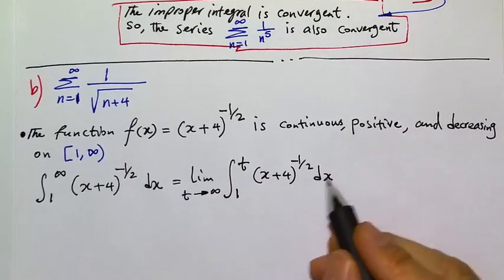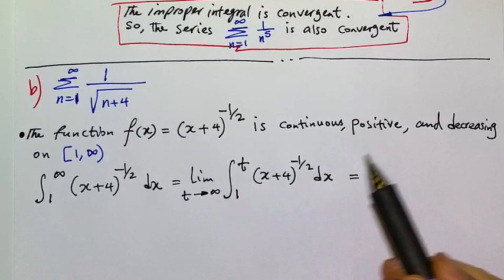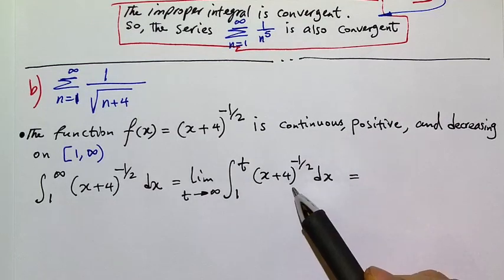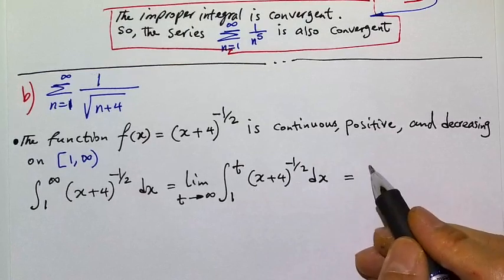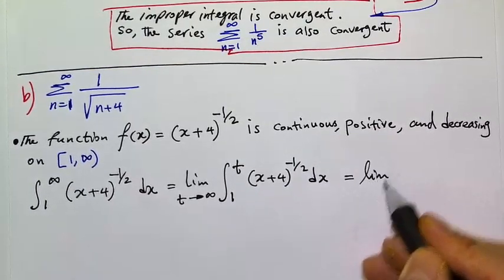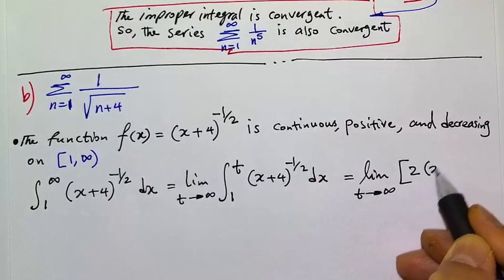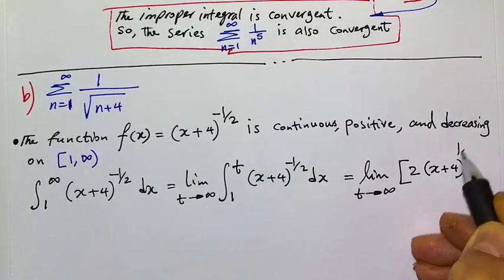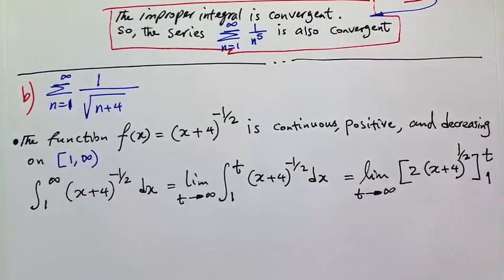Of course, taking the integral, we add 1 to the power, we get positive 1/2, and divide by the new power, which makes it 2 times that. So we have the limit as t goes to infinity of 2 times x plus 4 to the 1/2 power, evaluated from 1 to t.